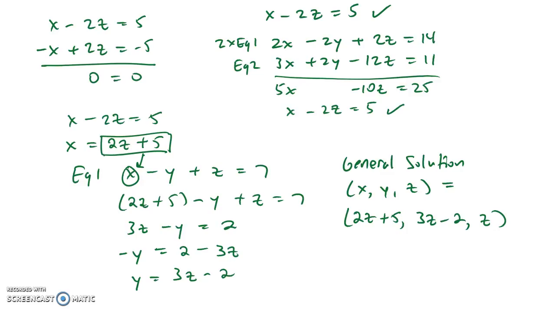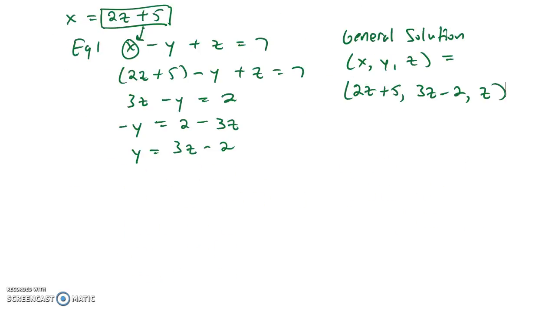So I don't recommend eliminating z at the outset when you're using the addition method. Eliminate either x or y so that you leave z in the mix if there is the possibility that you're going to need to obtain such a general solution of the system of equations. Now, the last thing we might ask is, how does this general solution represent an infinite number of solutions of the system of equations?